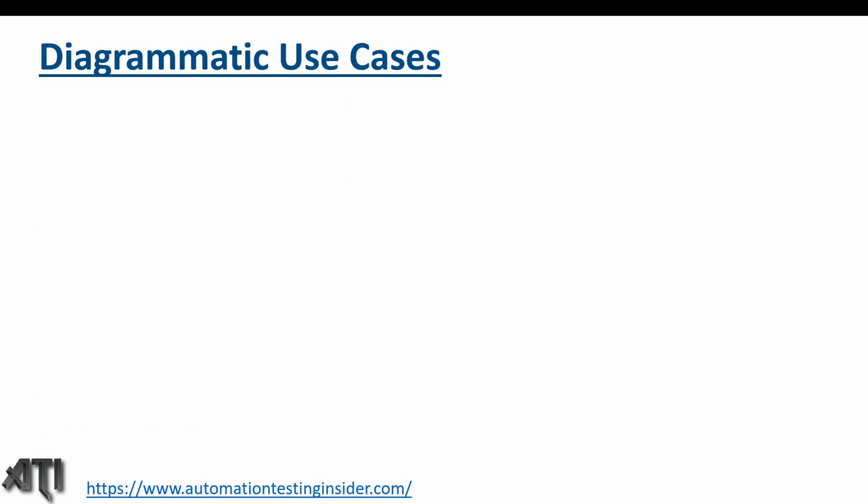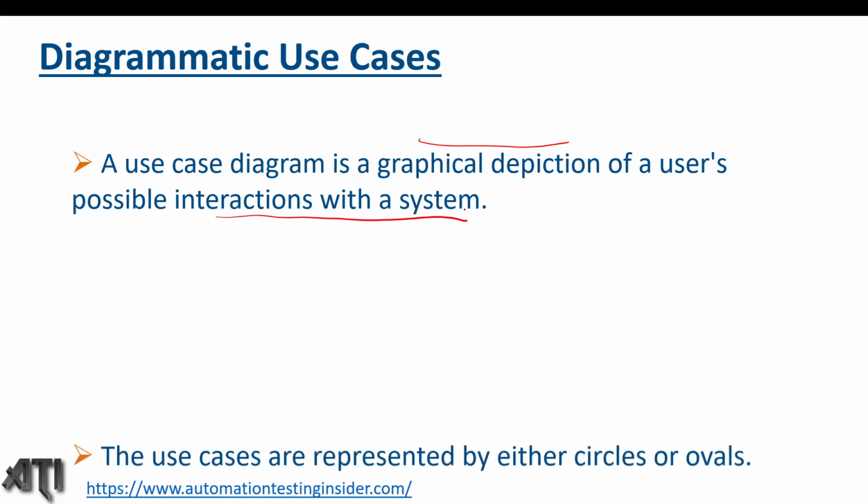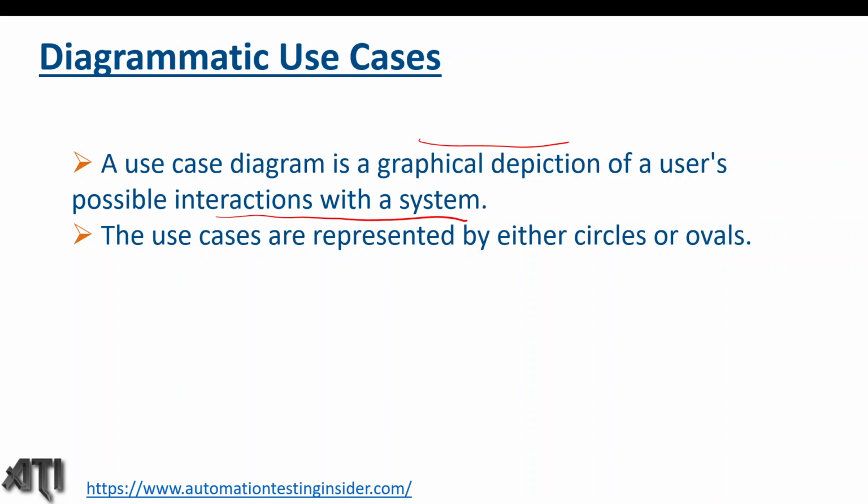So what are diagrammatic use cases? A use case diagram is a graphical depiction of users' possible interaction with the system, and the use cases are represented by either circles or ovals. The actor can be represented like this, and you might be aware of UML, the Unified Modeling Language.